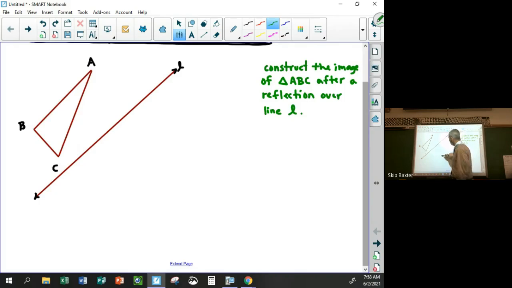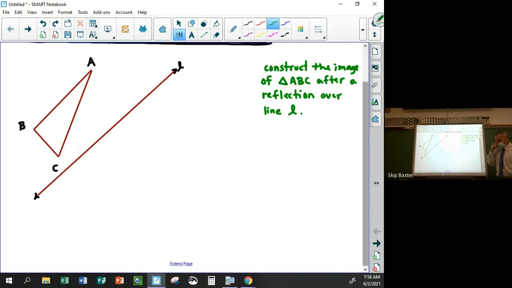It's just going to be a triangle over here somewhere, right? But as always, if you just drew a triangle over here that kind of looks okay, with no markings, you get no credit.